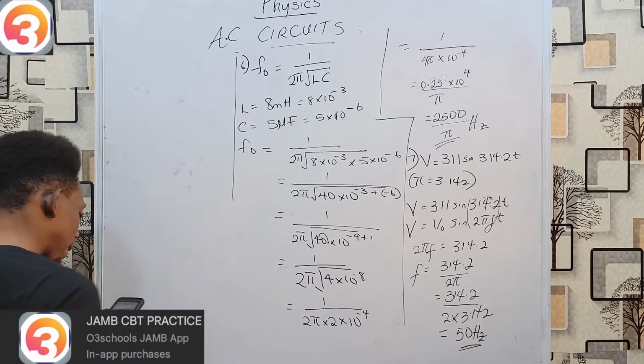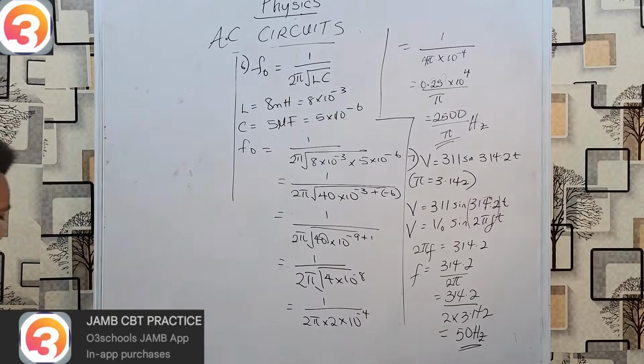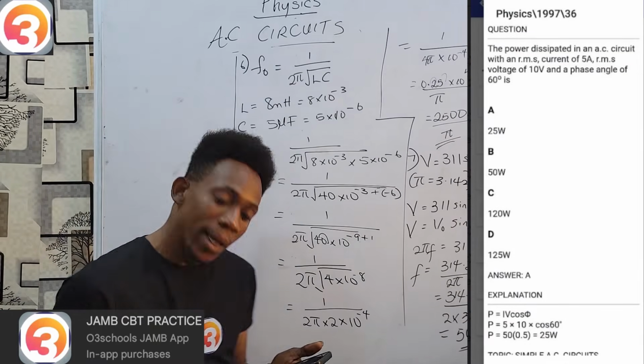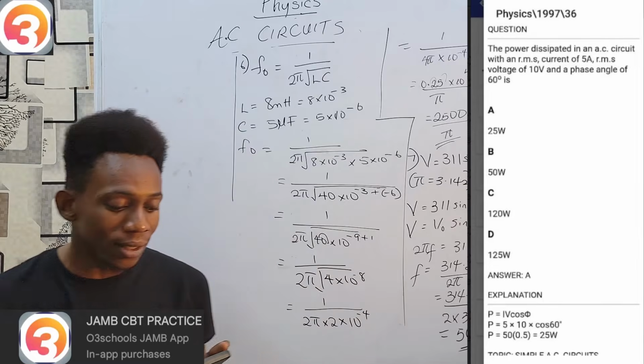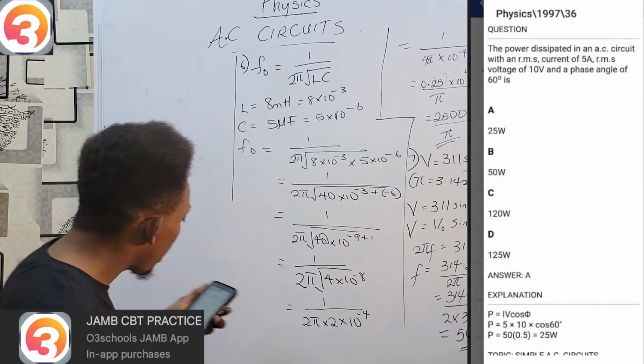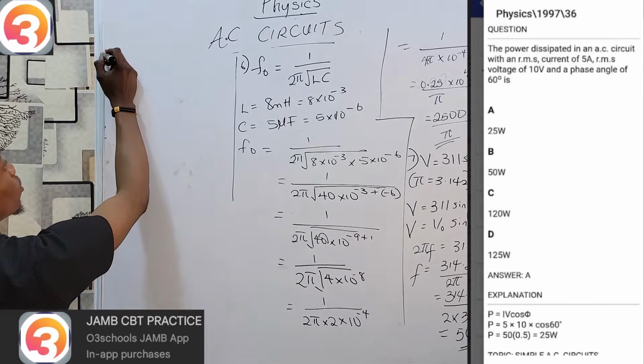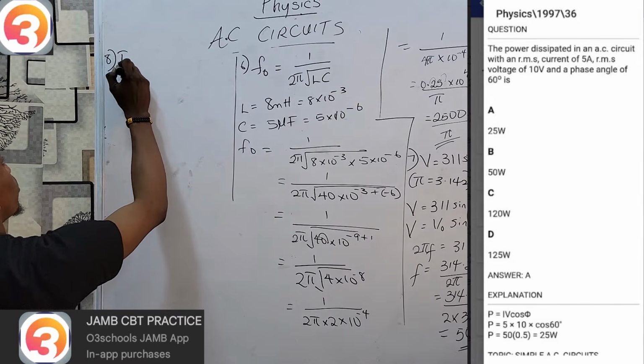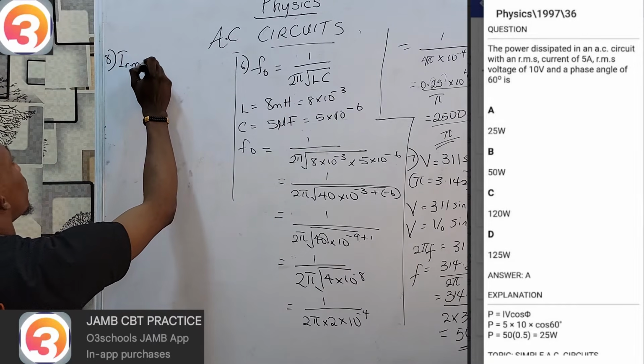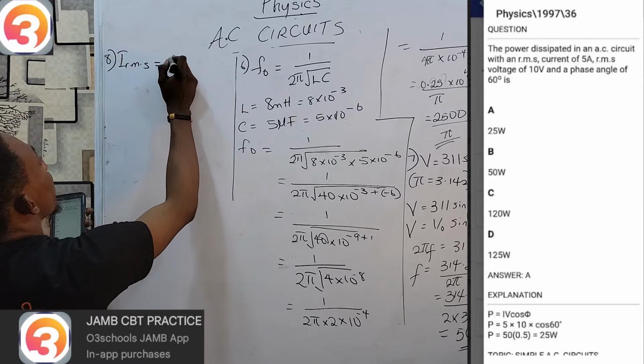In the same year, 1997, looking at question 36, we are told that the power dissipated in an AC circuit with an RMS current, this is question 8, the RMS current was 5 ampere.